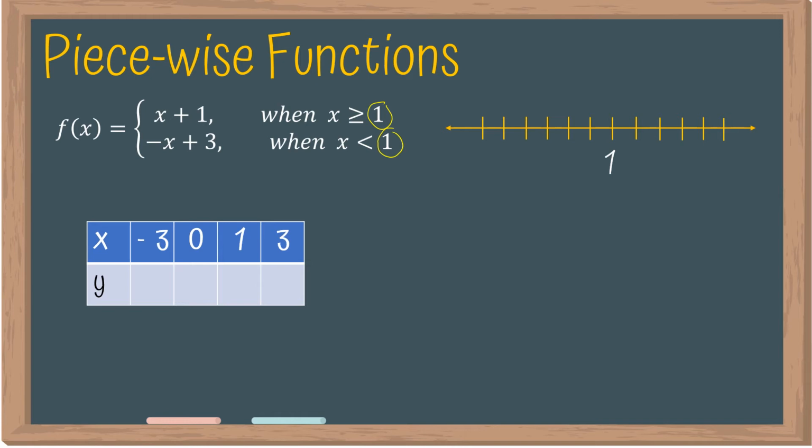With this one, sabi dyan, when x is greater than or equal to 1, we make use of the inequality symbol greater than or equal to. So we will be making use of a bracket. So values greater than 1, that will be the values to the right. So lahat ng nasa kanan natin.